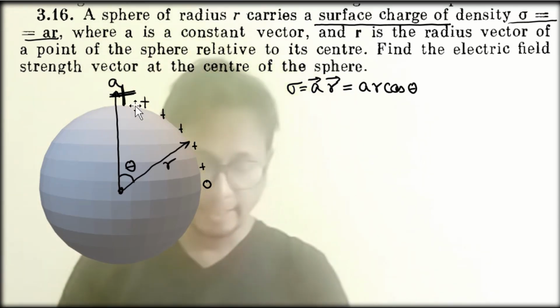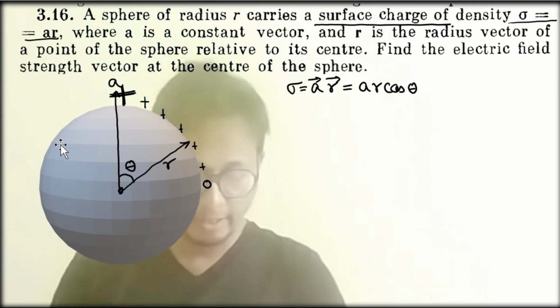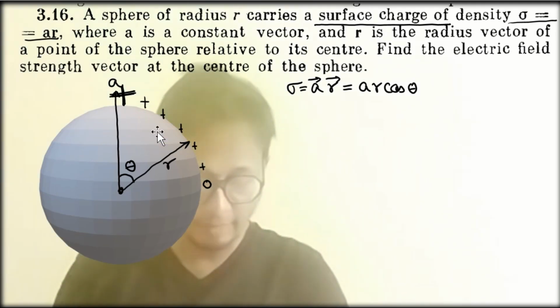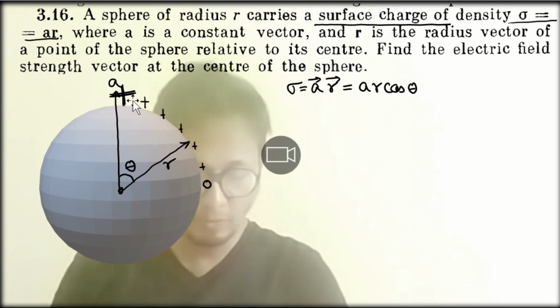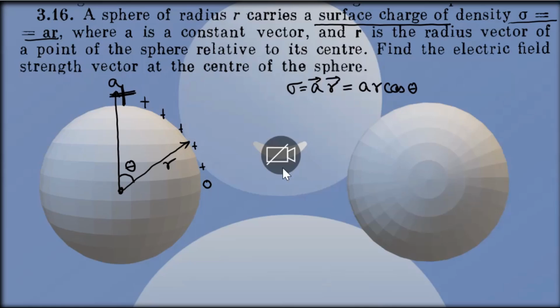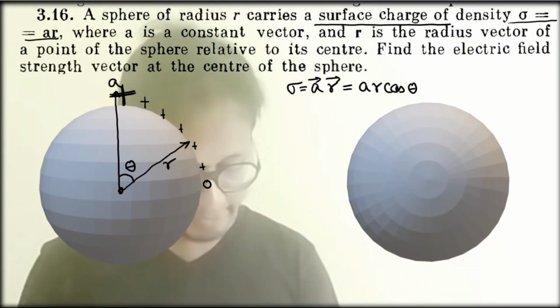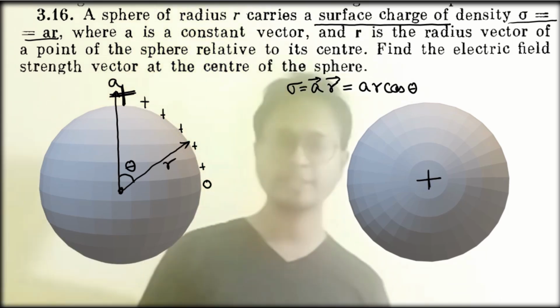Now see, this is not a circle. This is a sphere. So you have to take an elemental ring out here. Understood? If I look from the top of this sphere, what happens? At theta equal to 0, we have a maximum charge concentration, or maximum surface charge density.